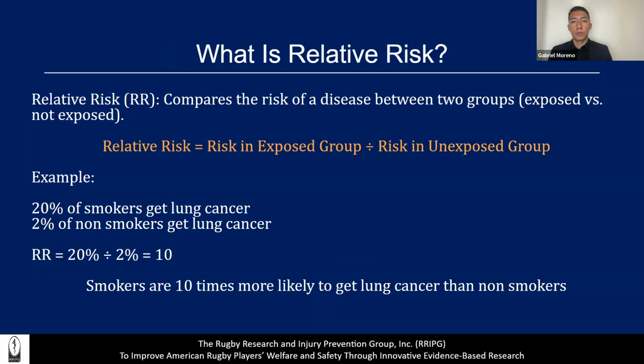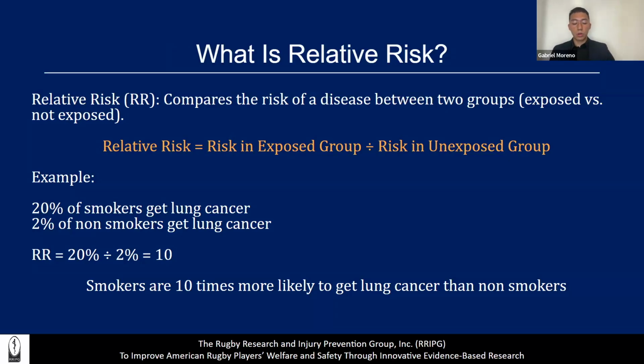Now let's move on to relative risk. Relative risk compares the risk of a disease between two groups, the exposed group and the non-exposed group. The formula for this is the risk in the exposed group over the risk in the unexposed group. Let's imagine these numbers are just made up for the convenience of our examples.